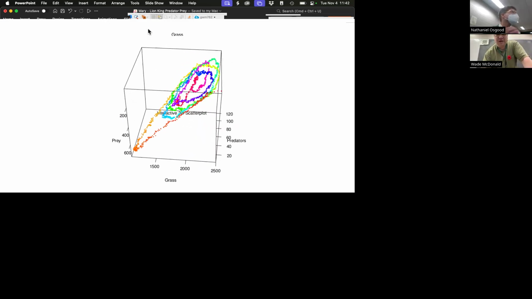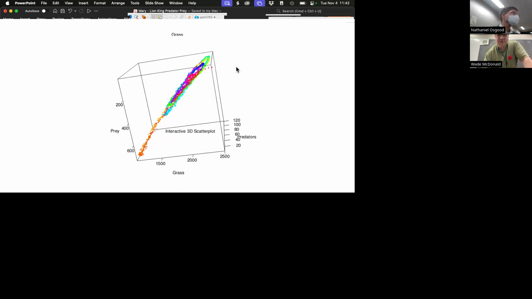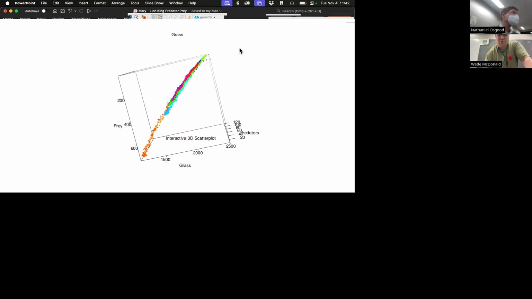But if we rotate it over here, we can see the whole thing lies approximately in a plane. And this tells us a lot, but the one I want to emphasize is that the intrinsic dimensionality of this system is 2 dimensions.